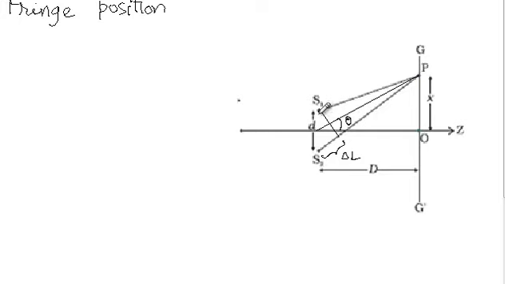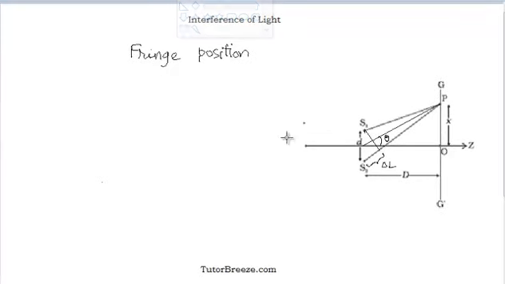Now if this is theta, this angle over here is also going to be theta. That is because this line S1S2 is perpendicular to the other line which we have dropped over here, and let me call this point C, this line S1C is perpendicular to the line S2P. So the angle between these two lines is also going to be theta.